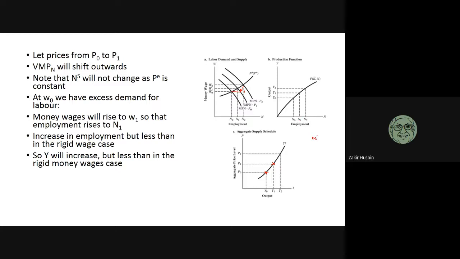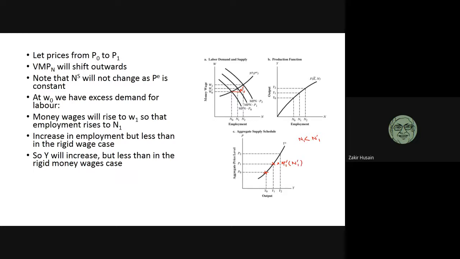To N prime 1, which is greater than N1. So this will be the price level, but what is the increase in output? Somewhere over here. This is Y prime 1 corresponding to N prime 1.